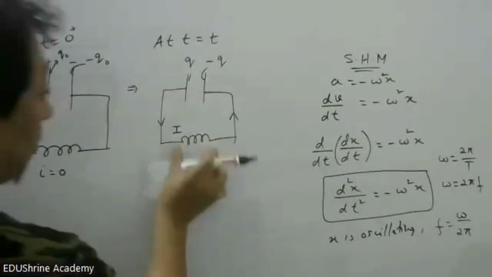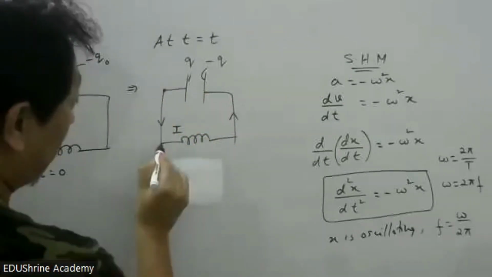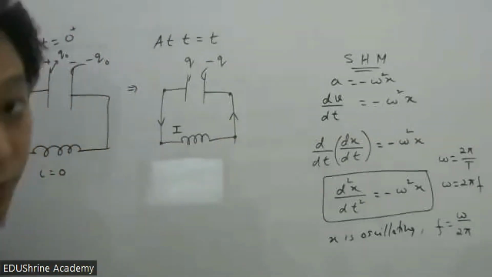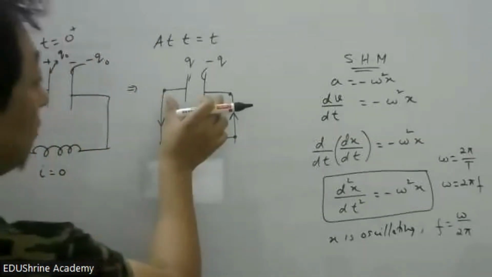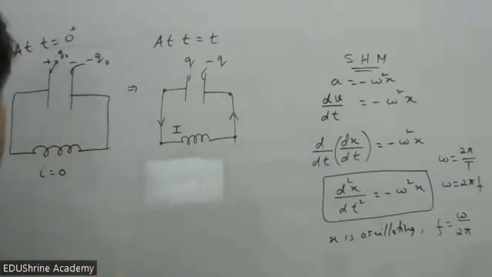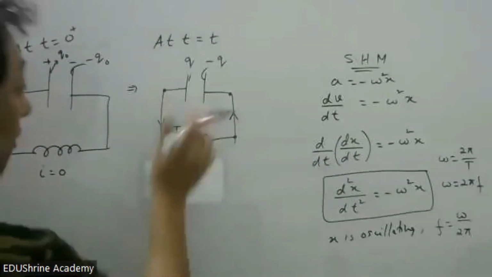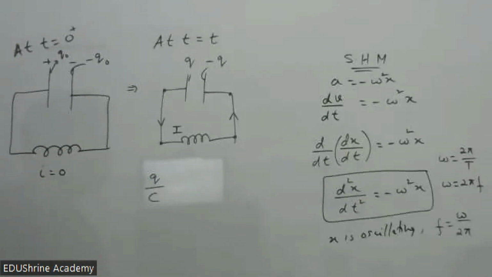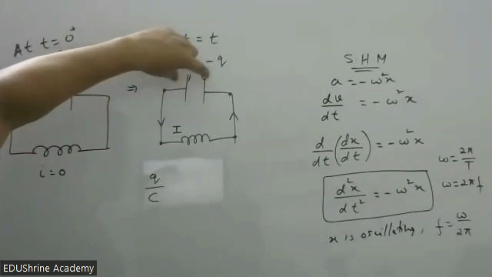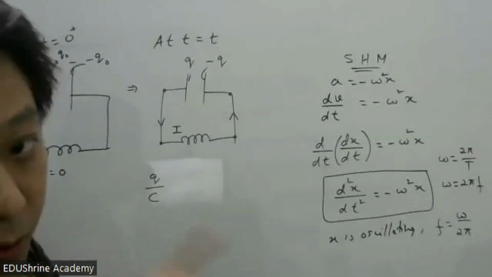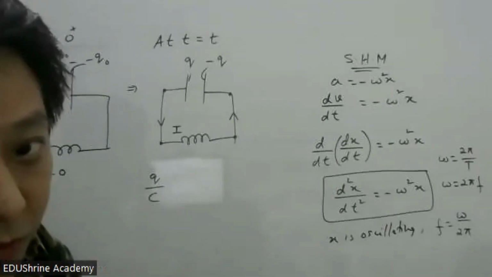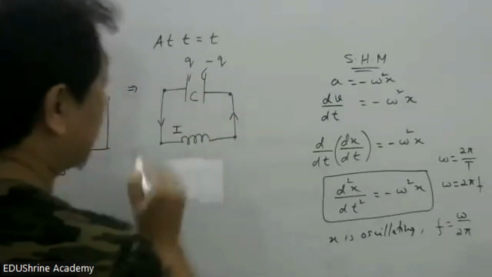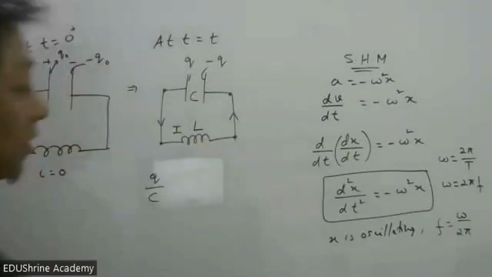Now, since these two are in parallel, you know that this point and this point should be at the same potential. So the potential difference here should be the same as the potential difference here. Potential difference here is Q by C. Everybody agree? For voltage, Q equal to CV, so V equals Q by C. This capacitor has capacitance, this inductor has inductance.